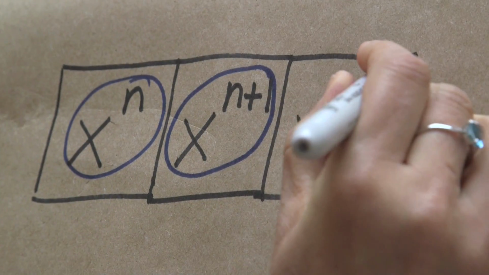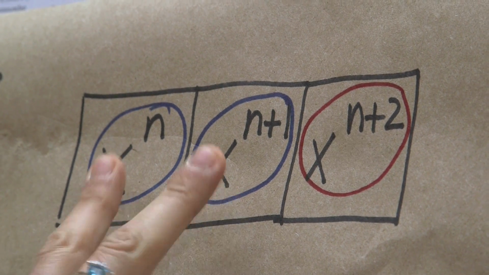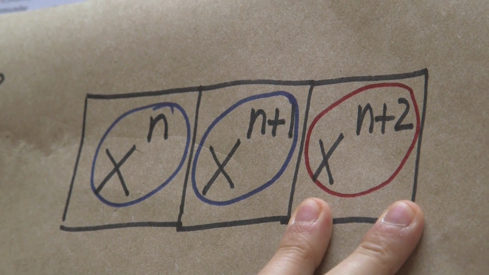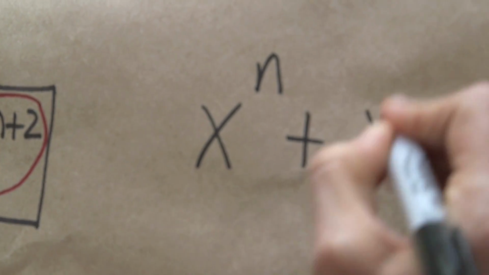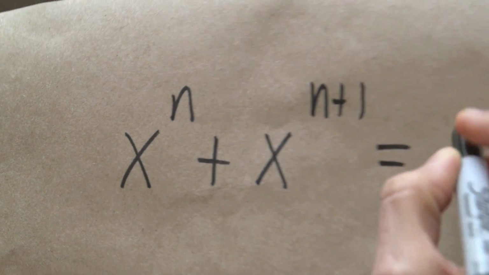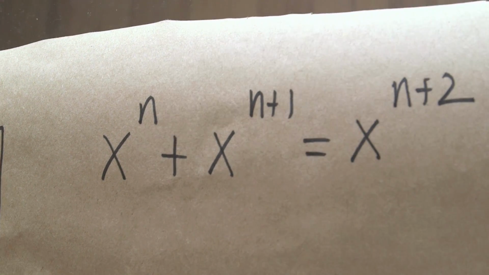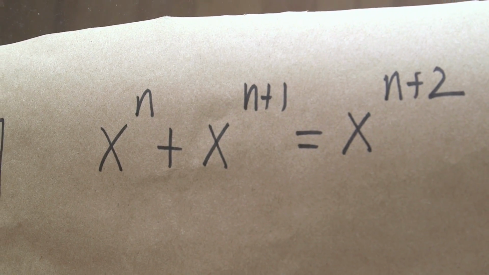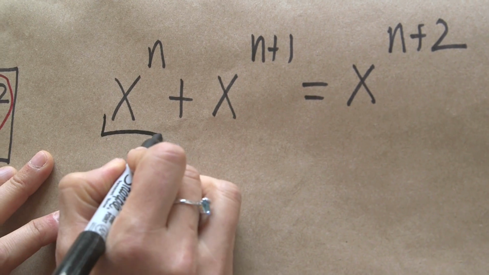So what we will do is add up the old numbers and try to get the new one. Is this possible? x to the n plus x to the n plus 1 equals x to the n plus 2. Well, there are too many x's, so if I want to solve for x, I should divide by the smallest power of x.